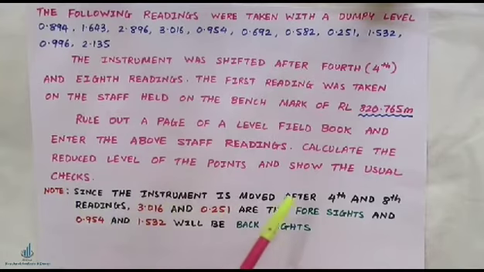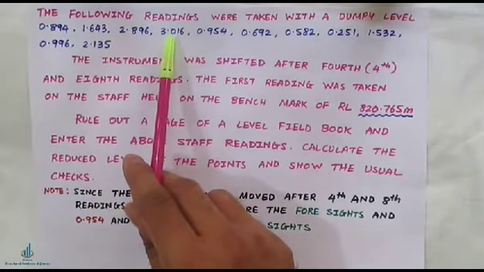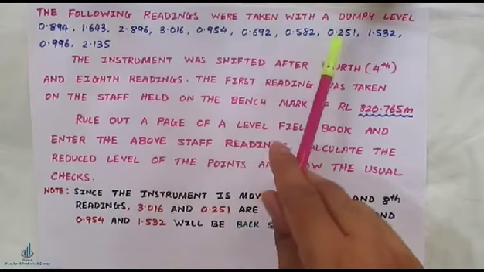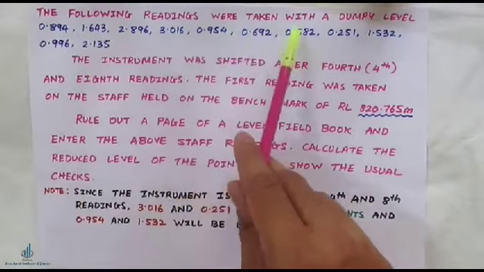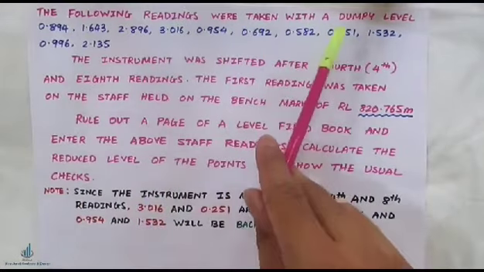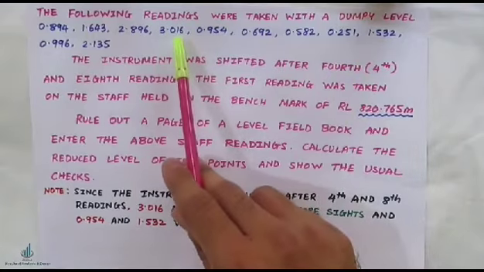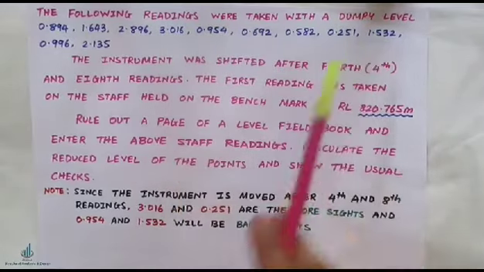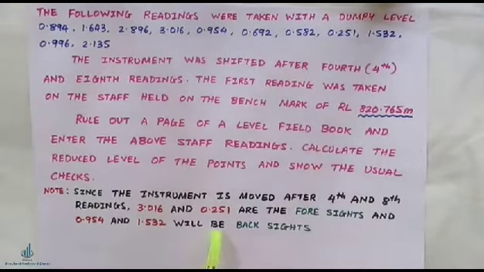Since the instrument is moved after the 4th and 8th readings, 3.016 and 0.251 are the foresights. The 4th reading is 3.016, counting 1, 2, 3, 4, and the 8th reading is 0.251, counting 1, 2, 3, 4, 5, 6, 7, 8. The 4th and 8th readings will be foresights, and the next immediate readings, the 5th and 9th, that is 0.954 and 1.532, will be the backsights.